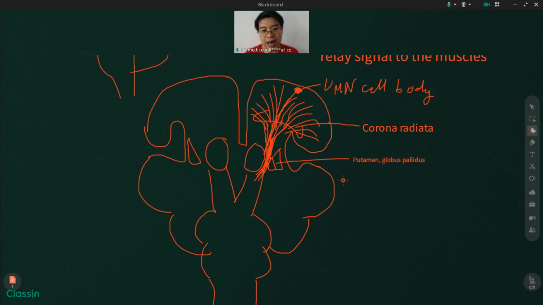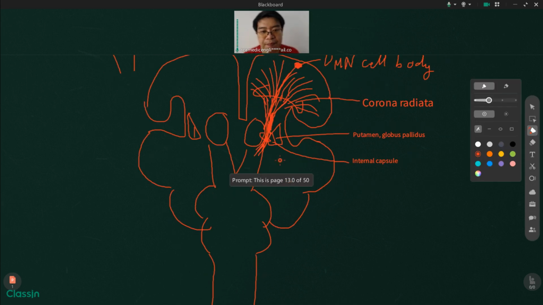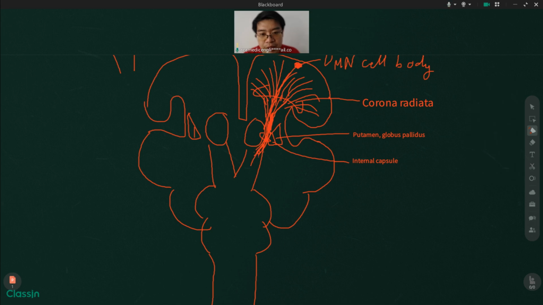Okay, right? So this structure here, that is basically sandwiched between the thalamus and the putamen and globus pallidus, we call it the internal capsule. You will see that from here, these fibers are going to go anterior to the midbrain, also called the cerebral peduncles.